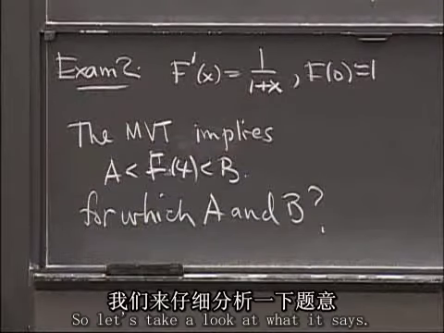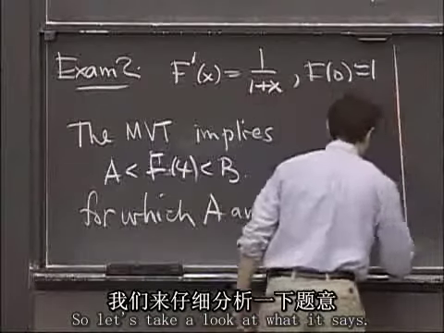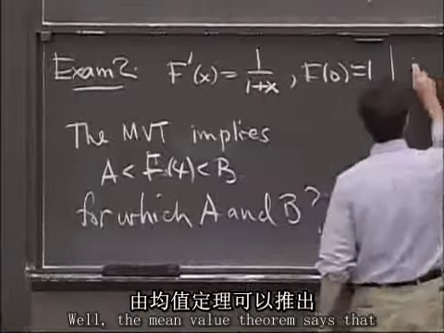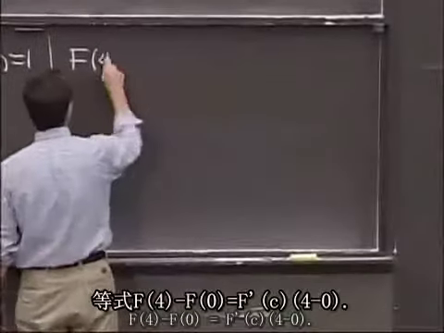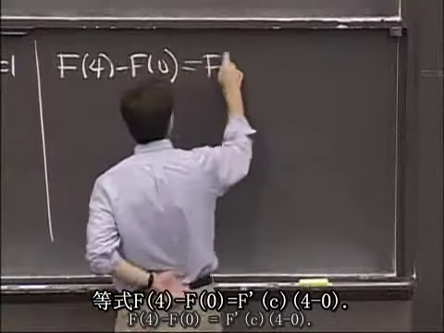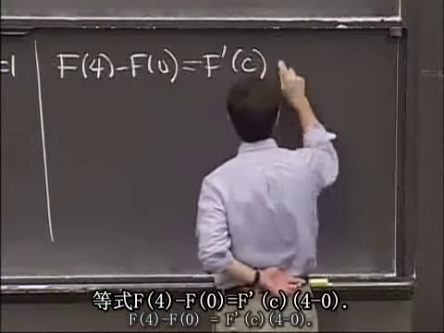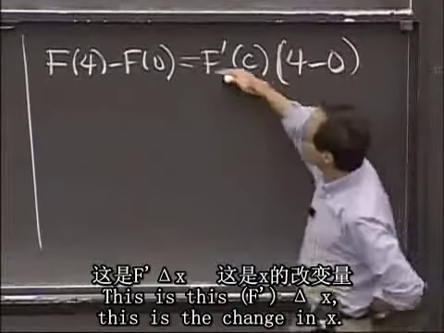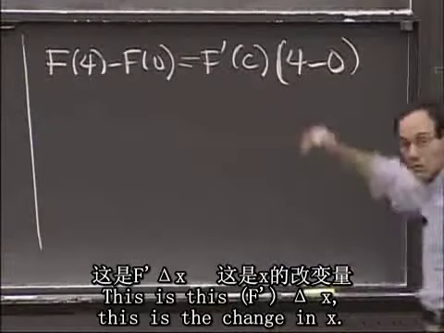So let's take a look at what it says. The mean value theorem says that F of 4 minus F of 0 is equal to F prime of C times 4 minus 0. This is F prime times delta x, and this is the change in x.